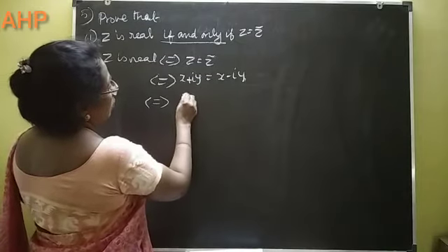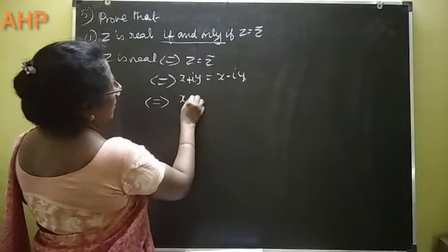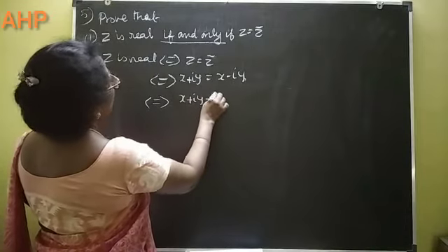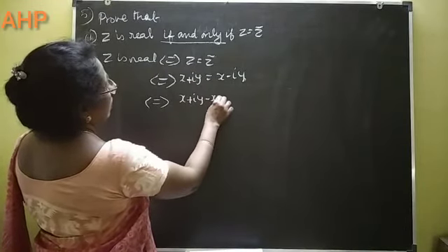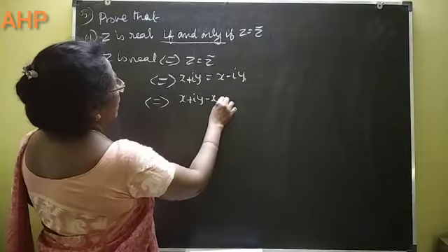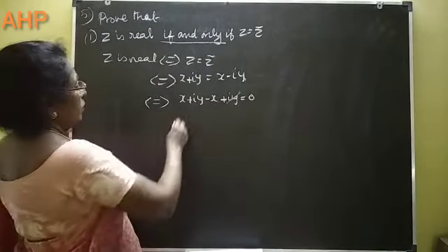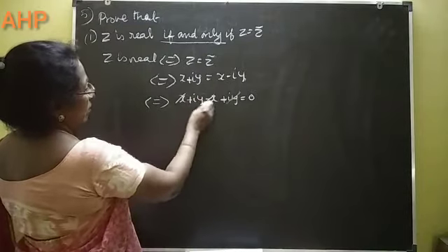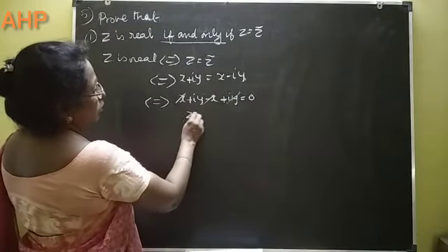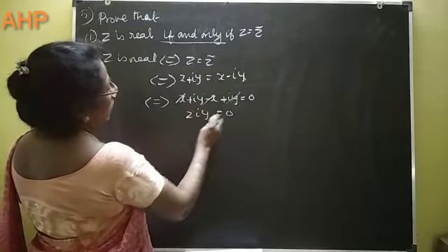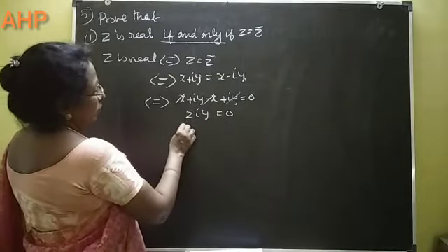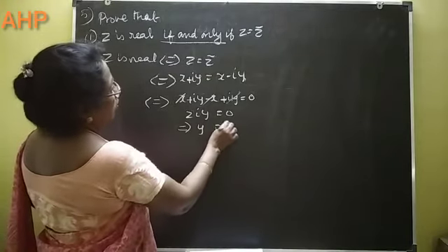when you are trying to bring everything one side, x plus iy minus x plus iy is equal to 0. Here x gets cancelled. It is going to be 2iy is equal to 0, implies y is equal to 0.